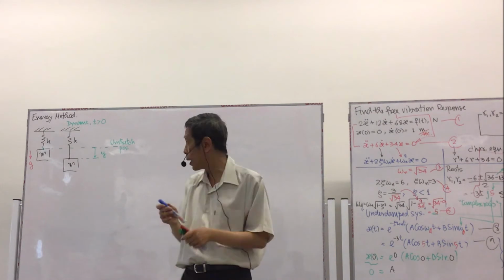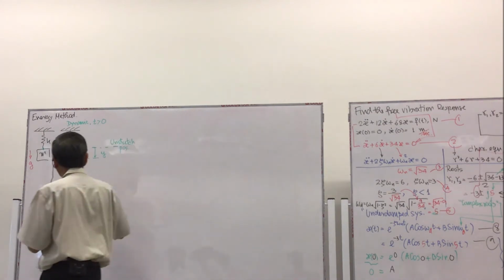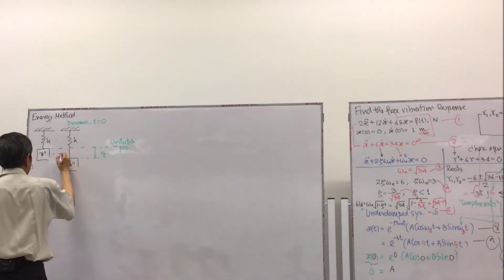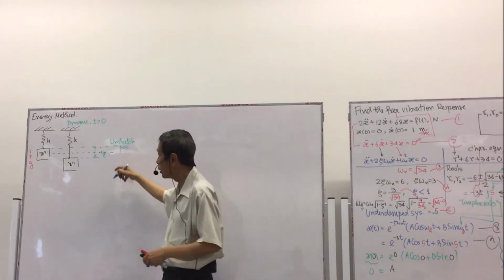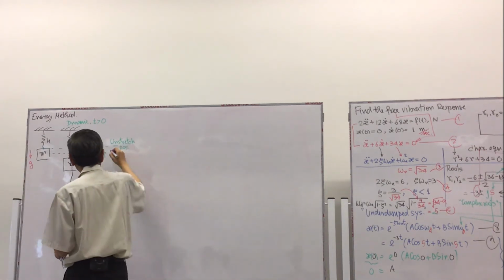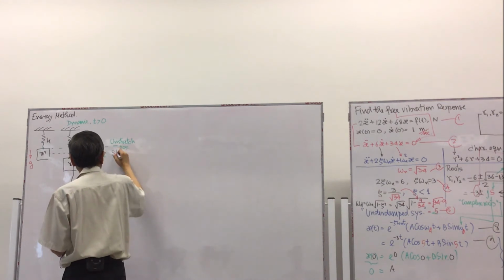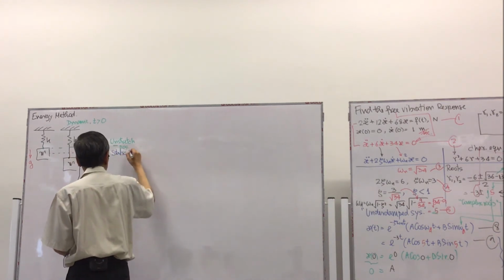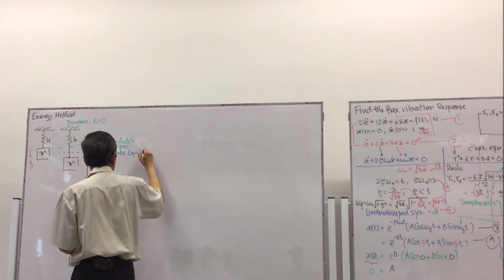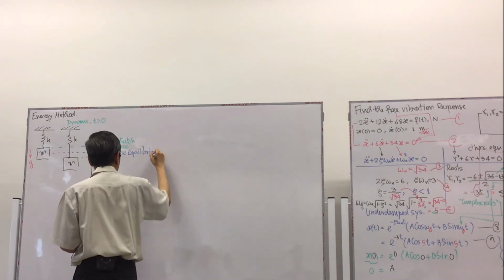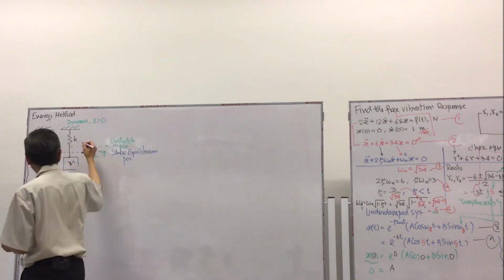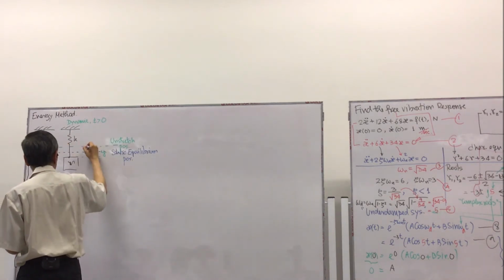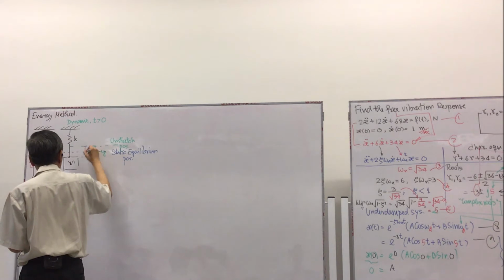But another location I missed out is this point, which is the static equilibrium position. From this point we have the static deflection of delta.